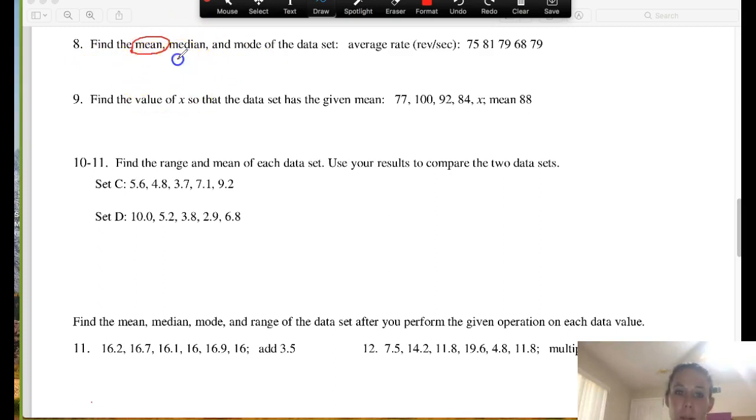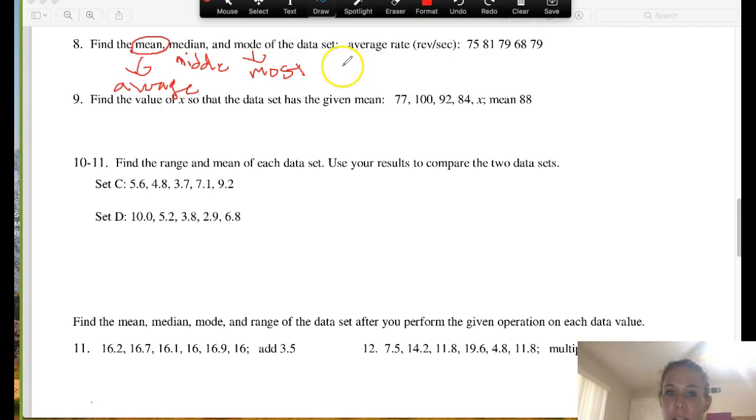Median is the middle number. Median, think middle. And then mode is the number that occurs the most. So remember, mode, M-O, is most. Mean is average. Middle is the median, mode is most.